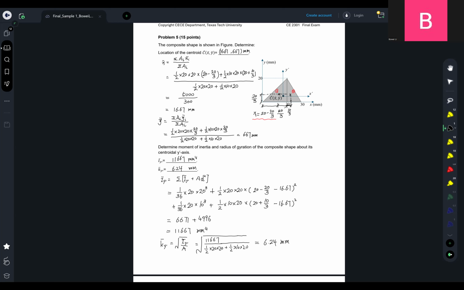For the moment of inertia, compared with it, the calculation of radius of gyration is more straightforward. To evaluate the moment of inertia, we need to use the parallel axis theorem, which is crucially important here. We calculate the moment of inertia of each part about the axis that we want, and then take the summation.